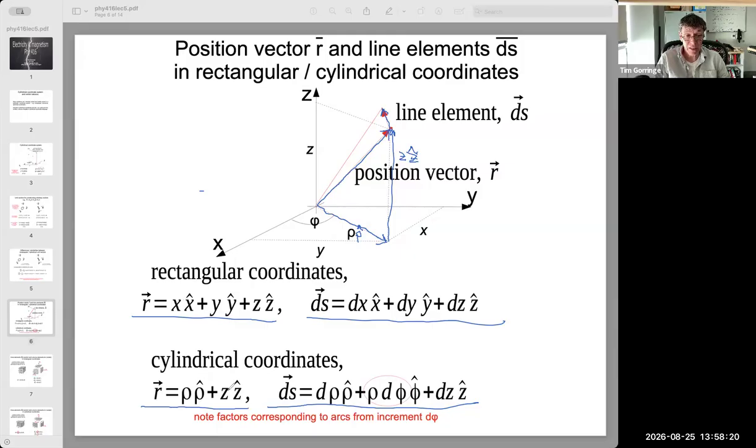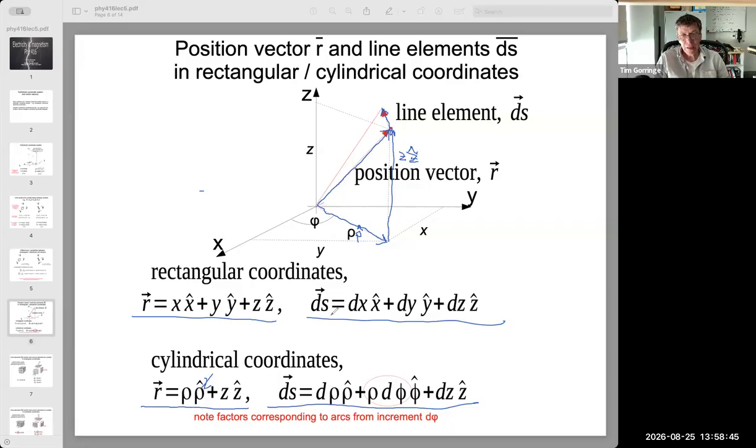You only see rho and z explicitly here. Phi is embedded in this first term here. The direction of the phi unit vector depends on rho. So it's embedded in this little guy here. It's hidden, but it is implicit.